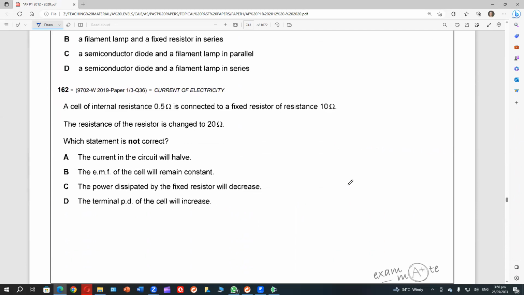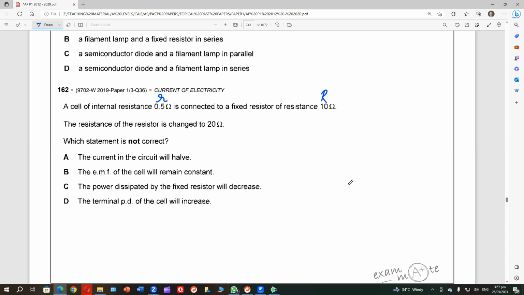A cell of internal resistance 0.5 ohm is connected to a fixed resistor of resistance 10 ohm.